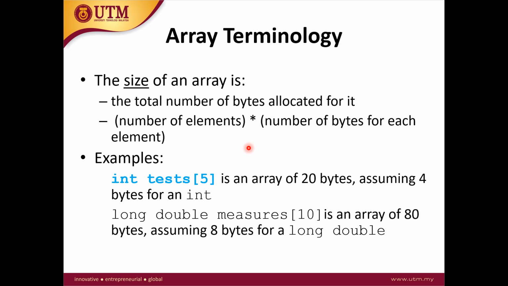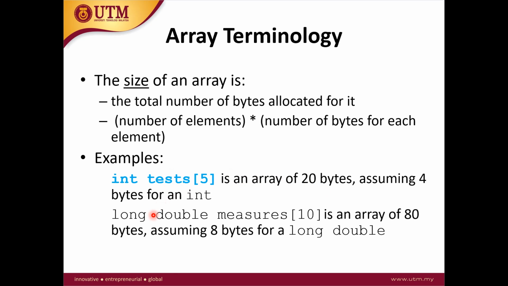For example, here we've got int tests[5], and it allocates 20 bytes. Why? We've got 5 elements, and we are assuming that 4 bytes is dedicated to each integer. So 4 multiplied by 5 is 20 bytes, and 20 bytes inside your memory are allocated for that tests array.